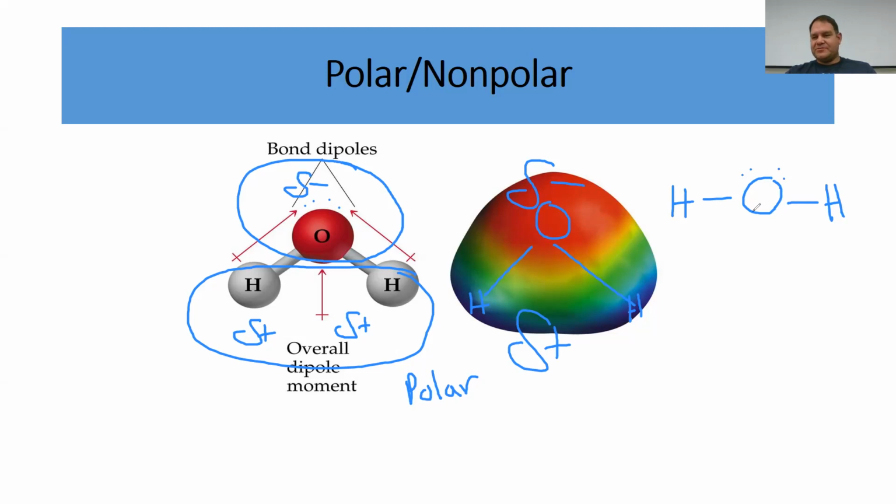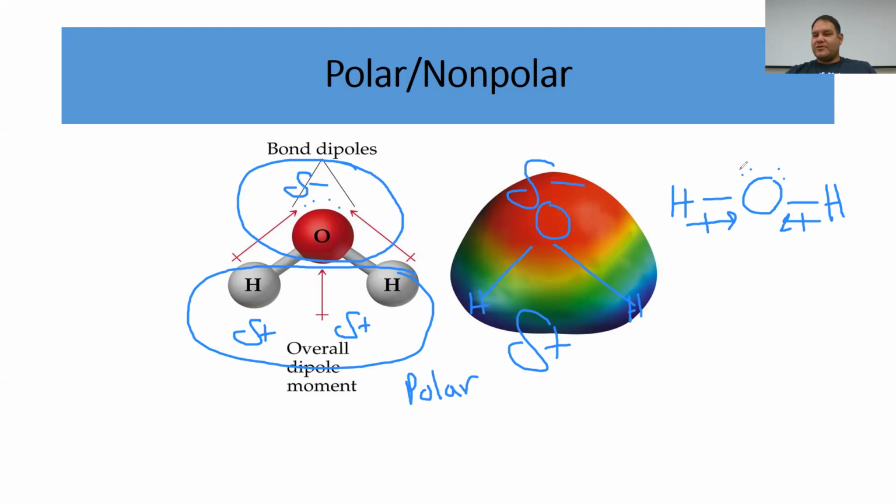Well, where's the dipoles? Well, there's going to be one pointing in this direction towards that oxygen and a second arrow pointing to the oxygen as well. So both arrows are pointing to oxygen, but one arrow is pointing to the right, right? And the other one is pointing to the left. And so since both arrows are pointing in different directions, they would offset one another.